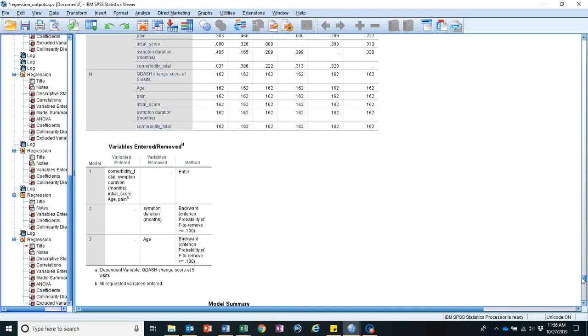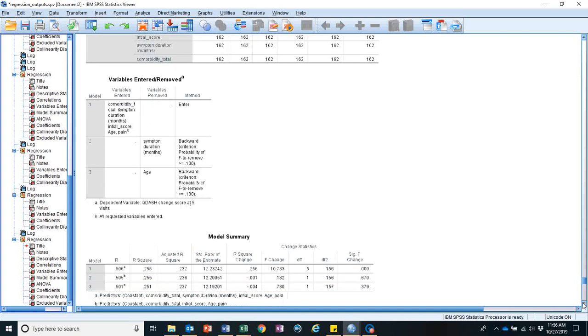Sort of interesting. Most of the time you tend to think that the longer you've had symptoms, the harder it is to get rid of them, but it didn't seem to be the case for these 162 patients. And the other variable it removed was age. So you're left with some variables in the equation and some variables that have been removed.